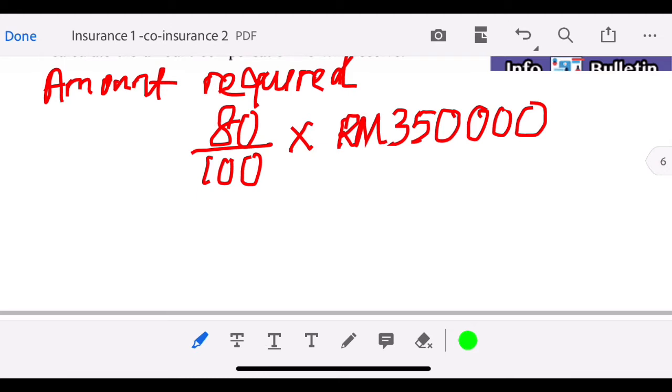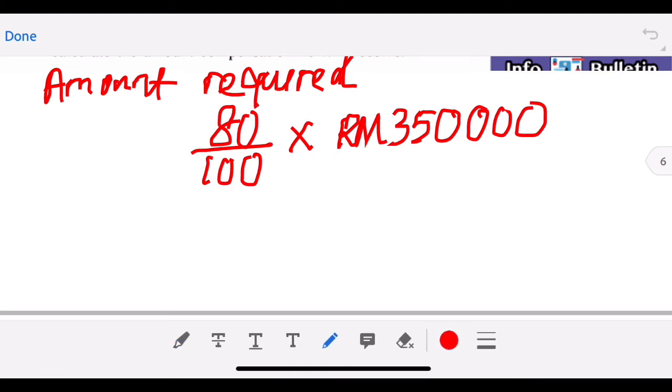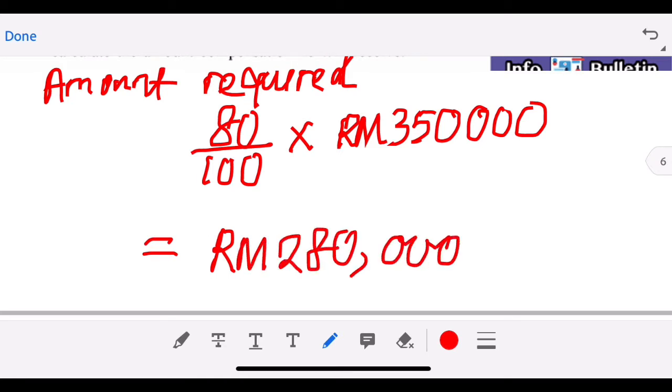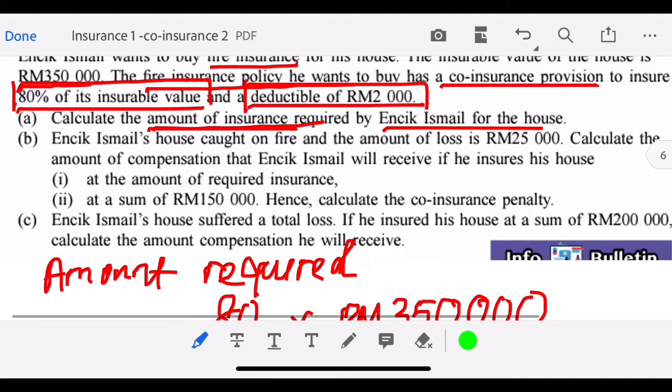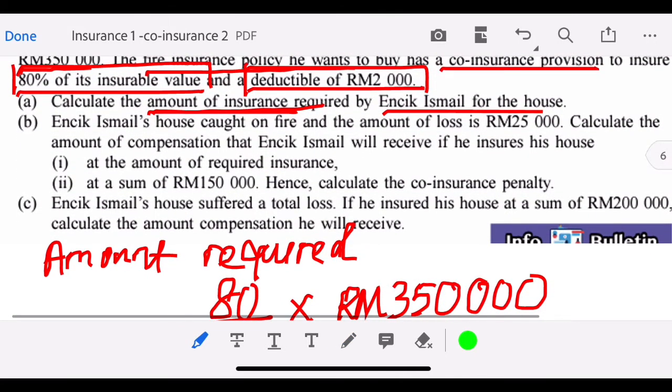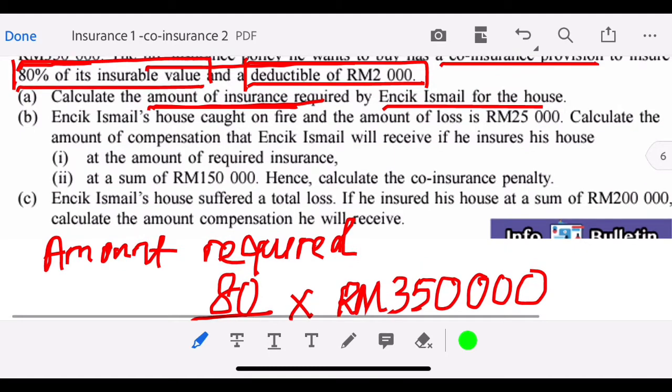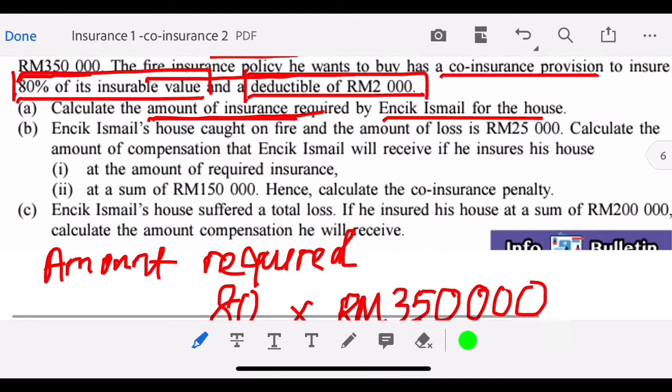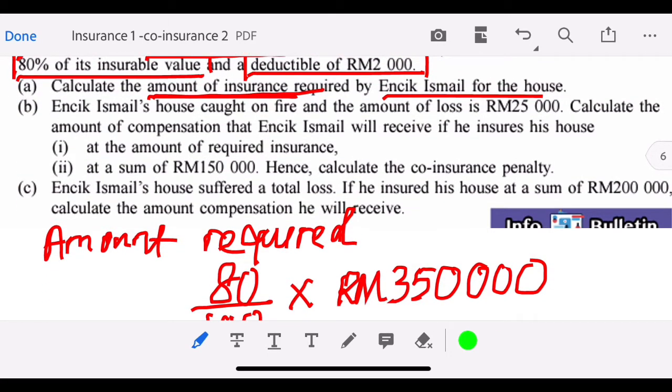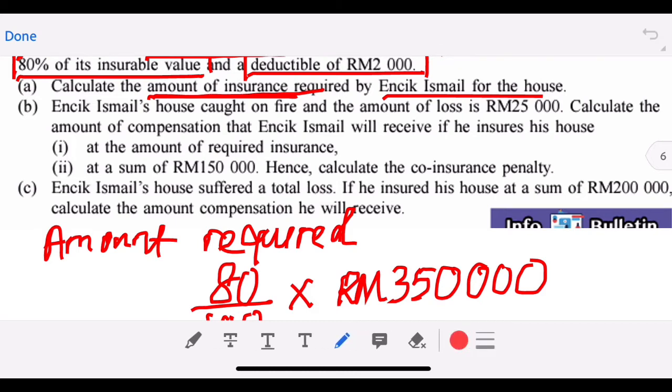The answer is 280,000. So the amount required is RM280,000. This is the amount required by Inche Ismail for the house insurance. Let's see the next one.